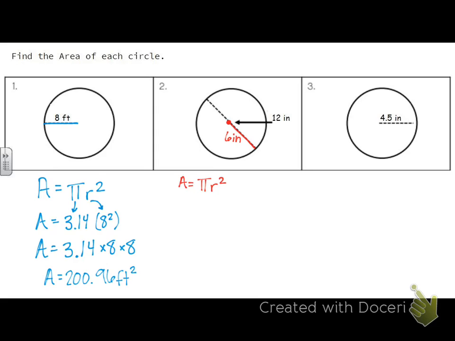Alright, so now pi, I'm going to approximate that to be 3.14 times my radius, which is 6 squared. Alright, so type that into your calculator. You're going to just say 3.14 times 6 times 6.